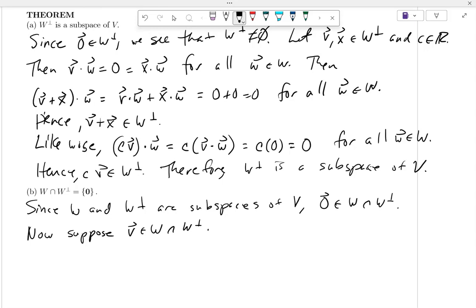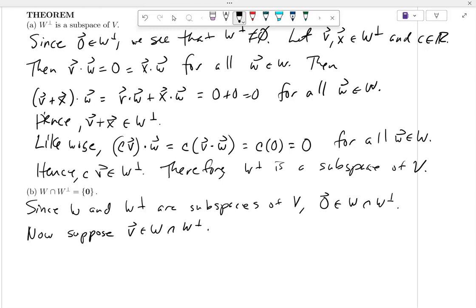We already mentioned this a little bit ago, but it's the same idea here. If something is in the intersection, then of course it's in both of them. If it's in W perp, what does that mean again? It's orthogonal to everything in W, including itself.